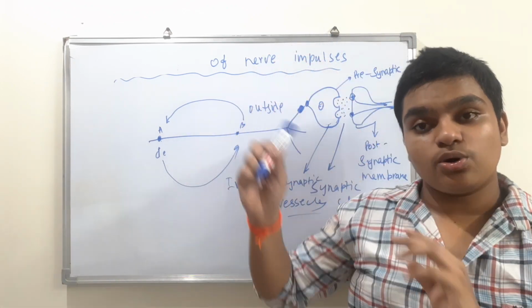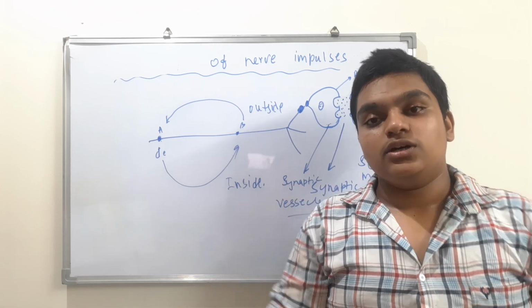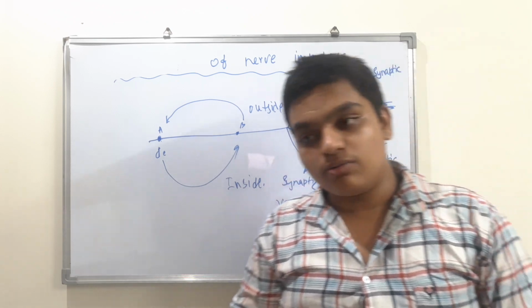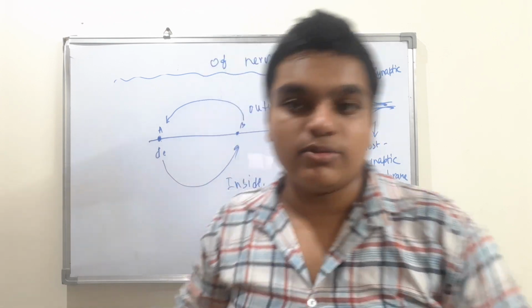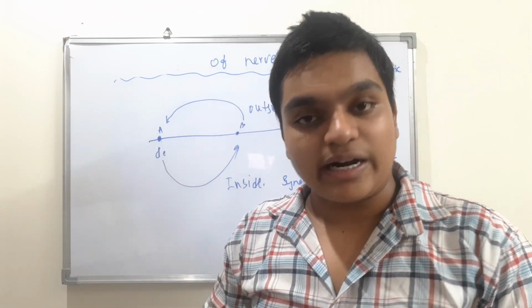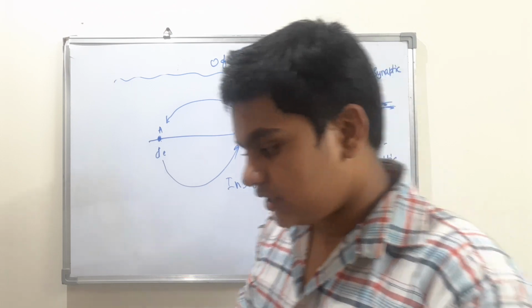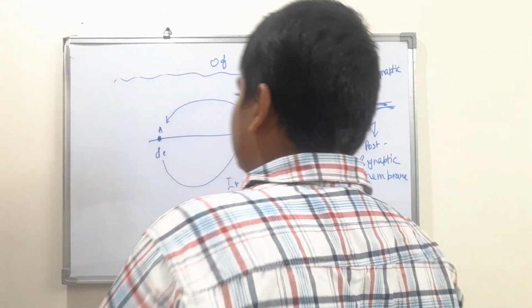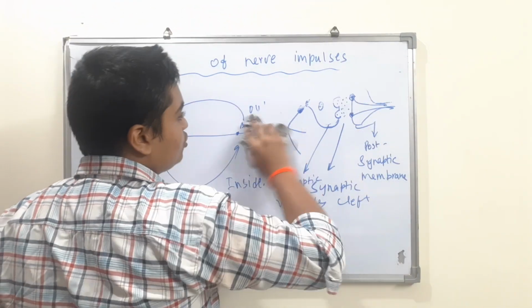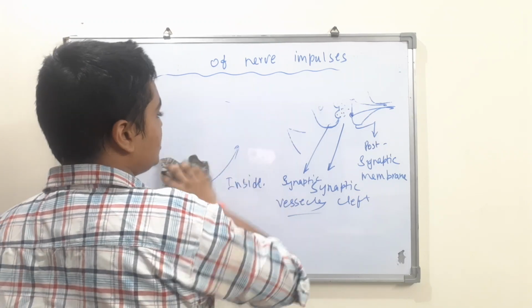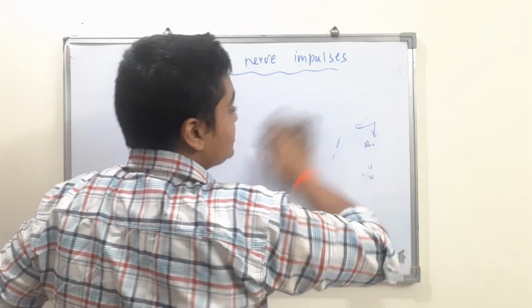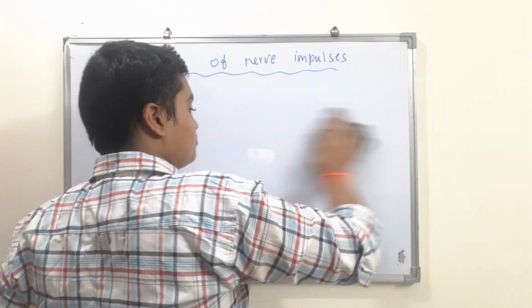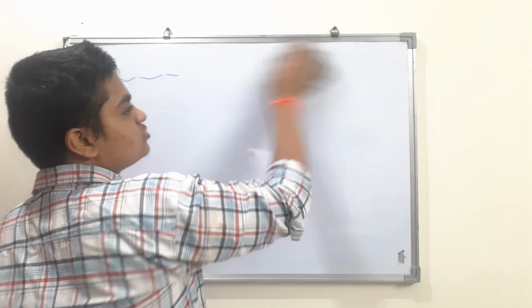So the same story is repeated throughout the membrane in order to respond to a stimulus which is applied. So that is it for this video. Now we have completed generation as well as transmission of nerve impulses.